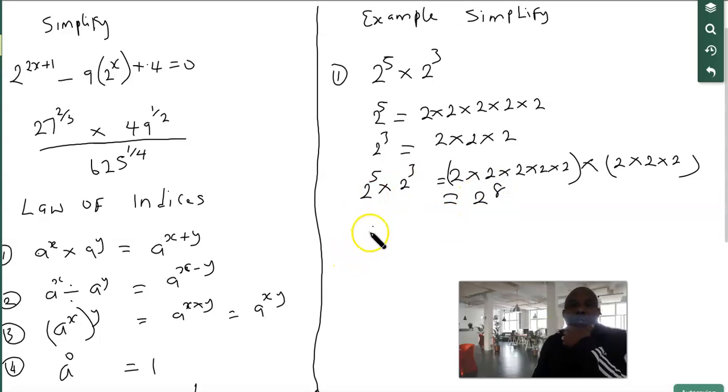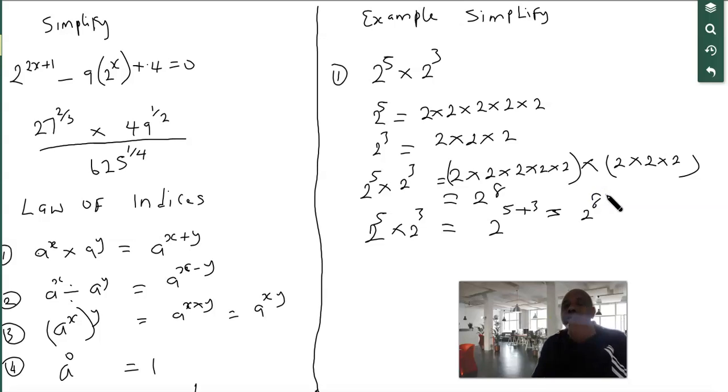By the laws of indices, 2 raised to 5 times 2 raised to 3 is equal to 2 raised to 5 plus 3, which is equal to 2 raised to 8. So it's the same. The law of indices corresponds to the normal way we do it.